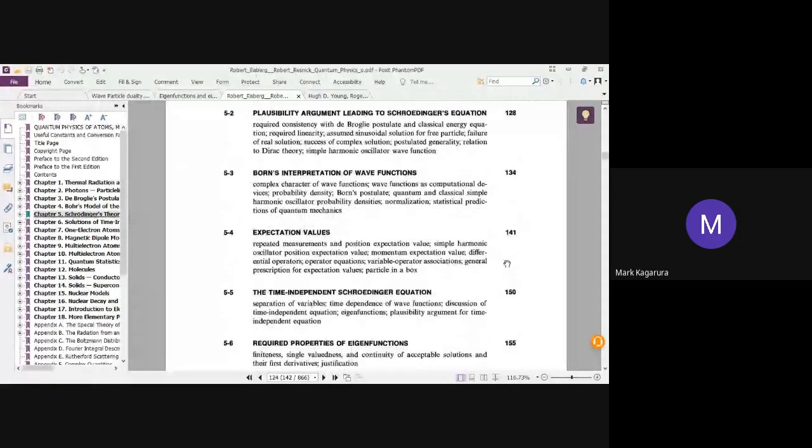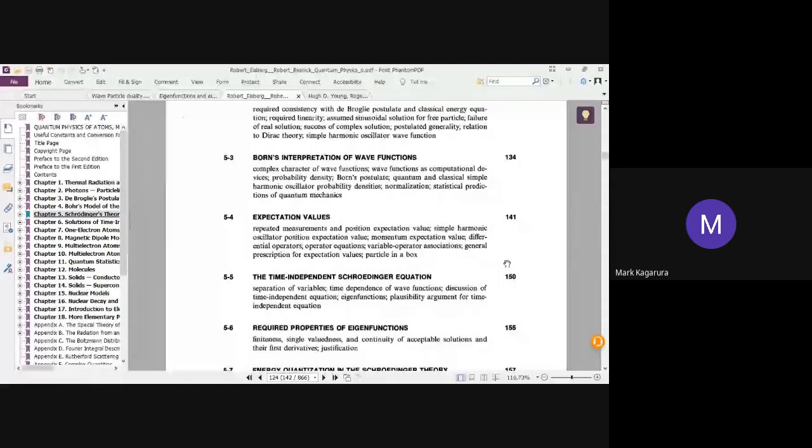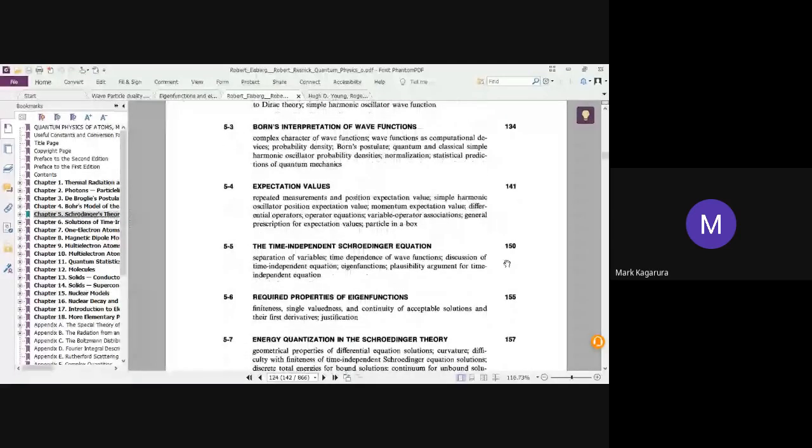We have sort of looked at Born's interpretation, expectation values, not so much, but we're going to have a look. We looked at the required properties of eigenfunctions, that they must be finite, single-valued, and continuous, and their first derivatives also must be finite, single-valued, and continuous.